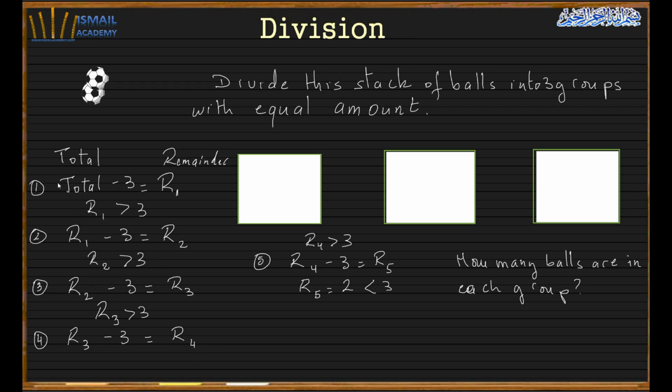That's it. We have 5 subtractions, so that means I have 5 balls in each box.